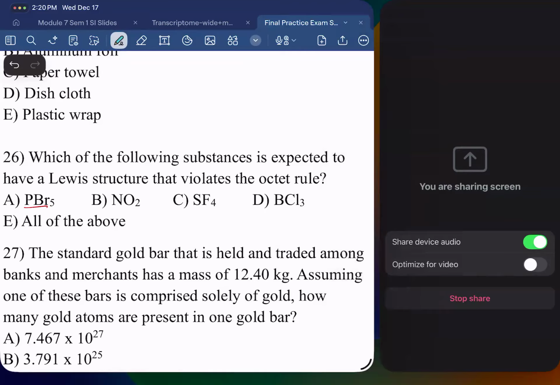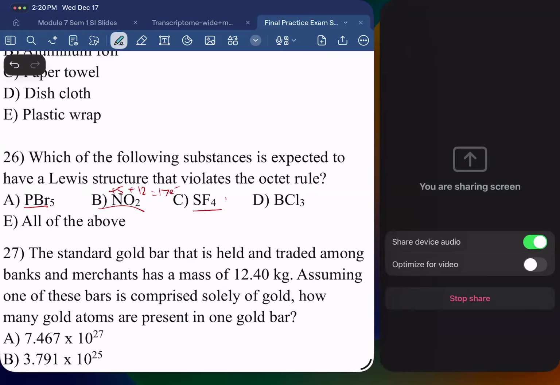NO2, we talked about this in class, but this actually has an odd number of electrons, right? If we count out the valence electrons, it'd be 5 plus 12 electrons, which means it's around 17 electrons. If we drew this out, it would be a really weird structure where there's going to be one missing electron or something like that. And so that's why B would be wrong.